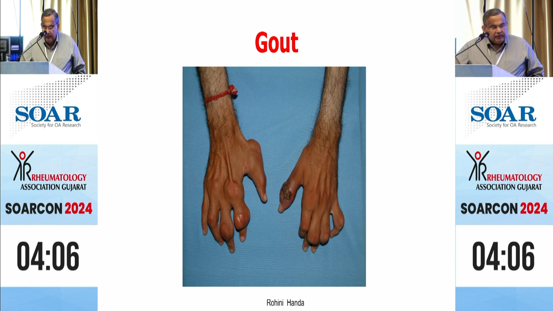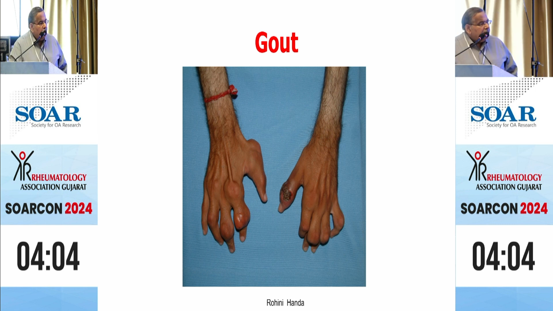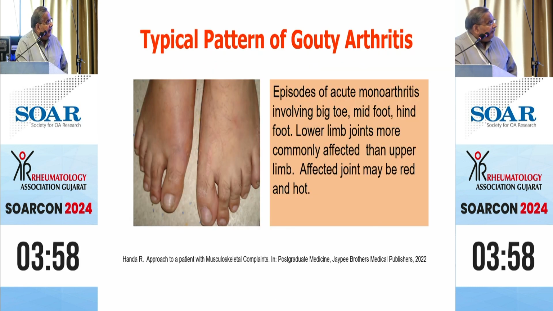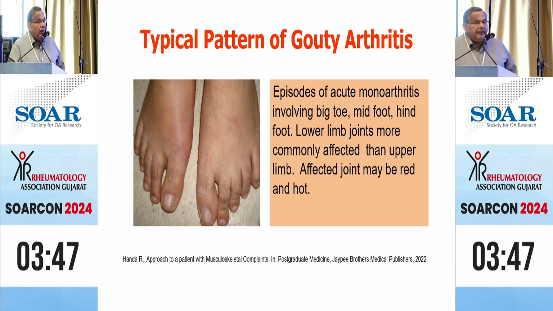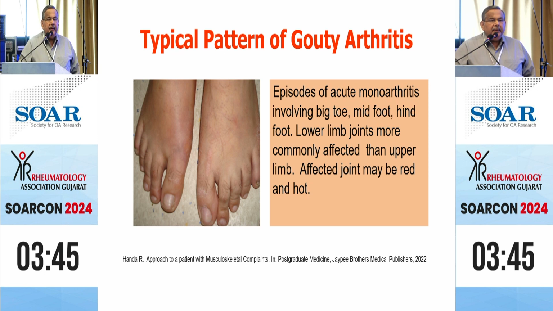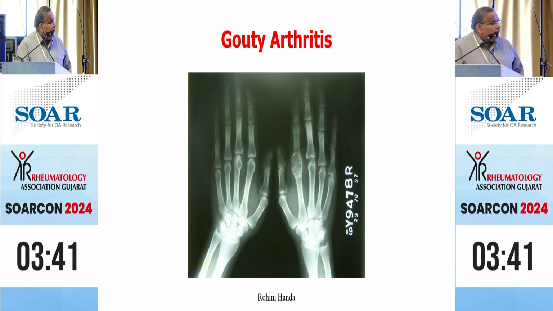The upper limbs can be affected. Of course, if you have tophi like this, you actually don't need any other investigations, but at times it could be more subtle. You could have midfoot involvement, hindfoot involvement, classical podagra may not be there, and uric acid may be normal when you order that test, especially during an acute attack.